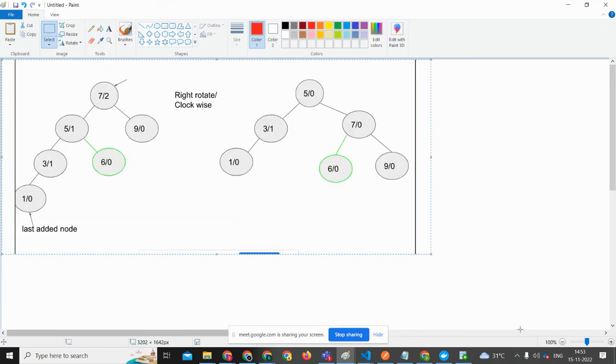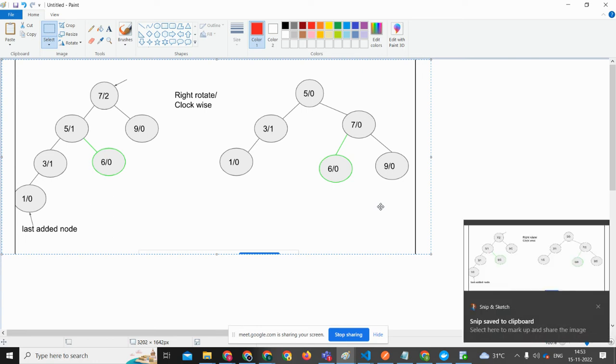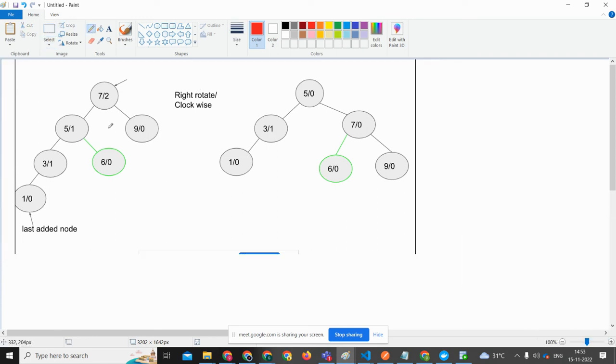See here. Okay. So we have 7, 9, 5, 6, and 3. Okay. So is this a balanced tree?